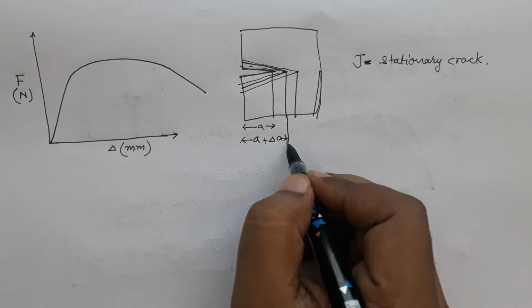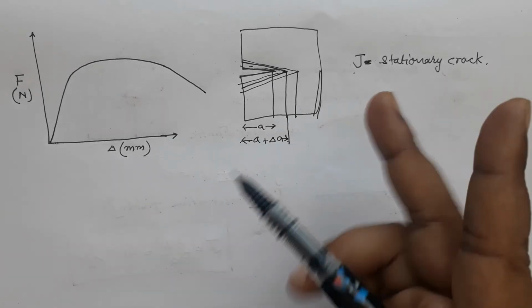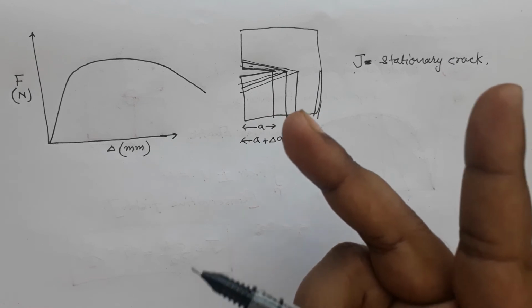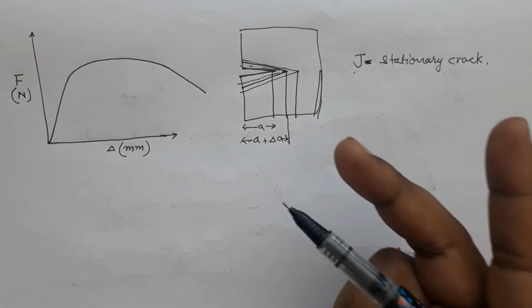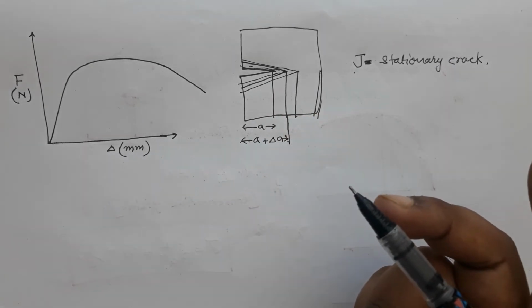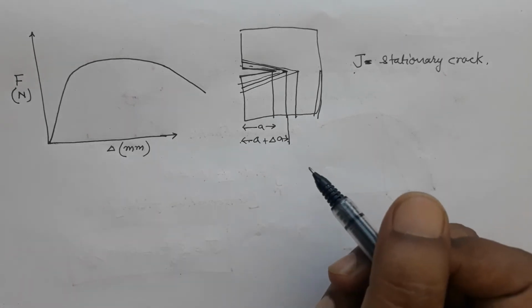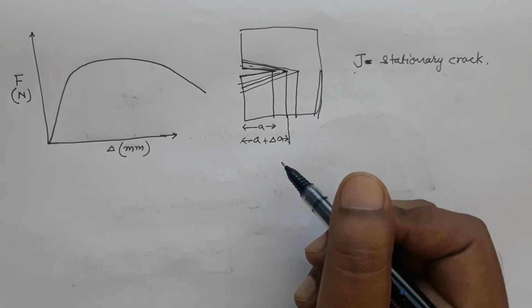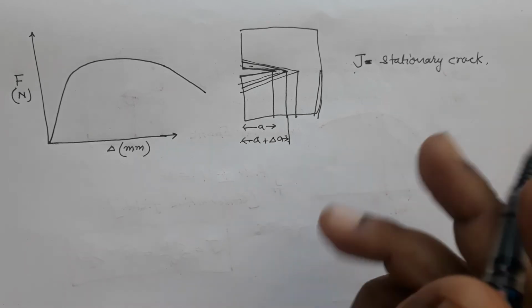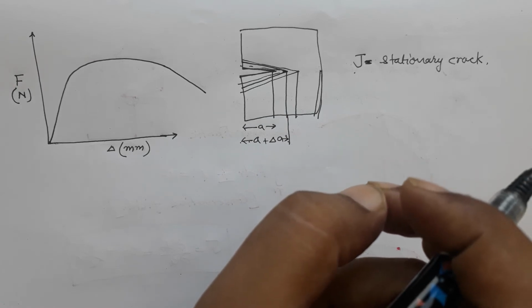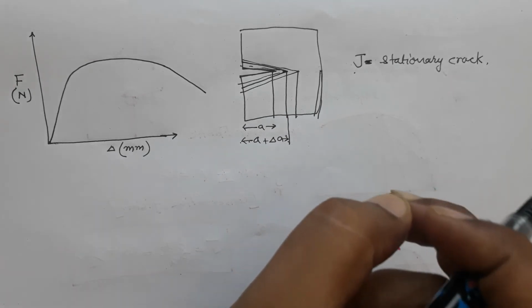So, for these two specimens, the value of the J integral will be different, because the size of the source of energy, the singularity, has changed, right. Because we have two different singularities in the system, two different defects in the system. A crack we are calling a defect in this case.